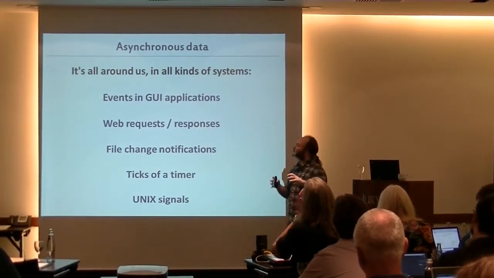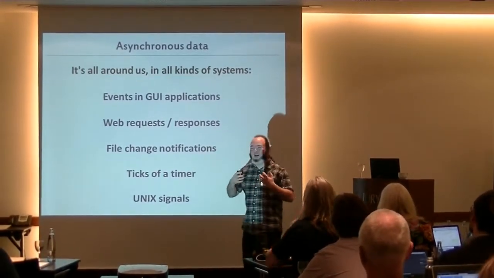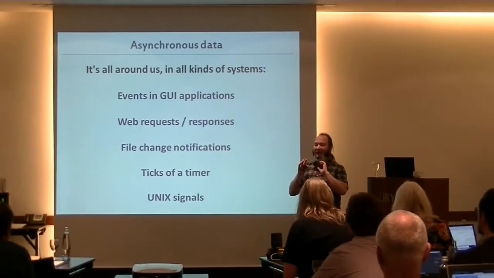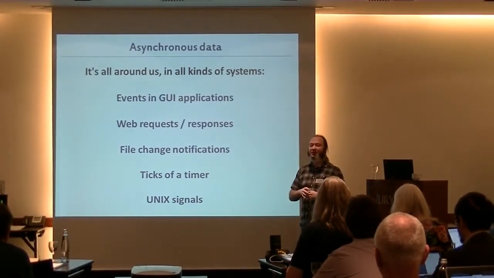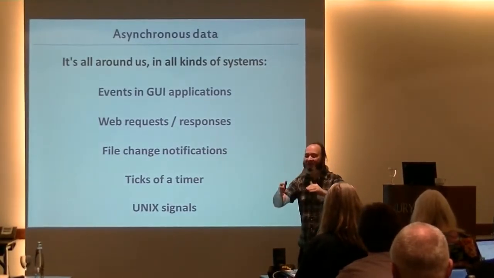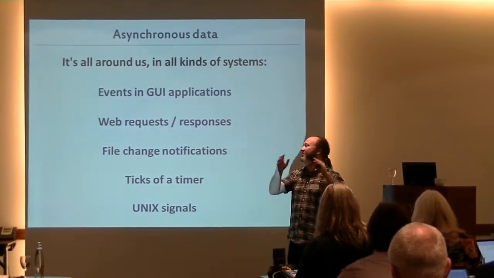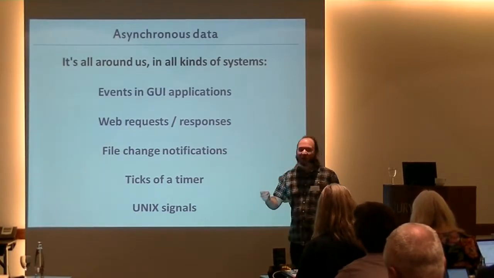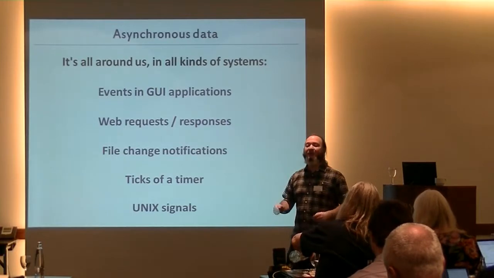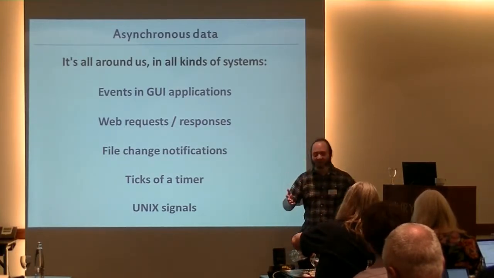It's all around us. If you're building any kind of user interface-based application, you have data, events, the user did this, the user did that, arriving asynchronously. It just happens. You don't get to choose when. When you get web requests, if you're a web server, the client sends you requests whenever they please, they just arrive, and you have to do something with them.